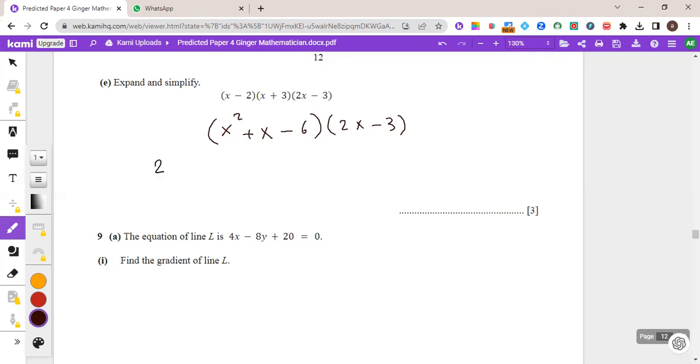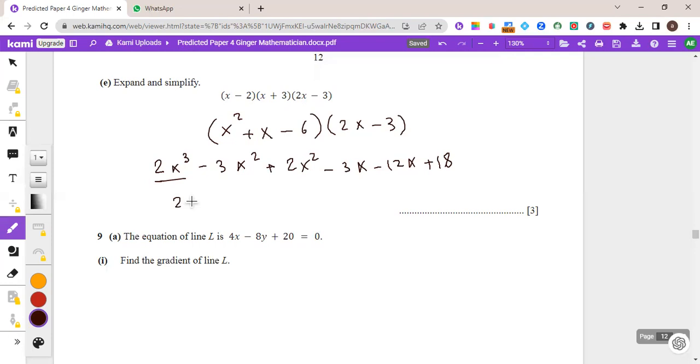It will be 2x cubed minus 3x squared plus 2x squared minus 3x minus 12x plus 18. Now simplify more.